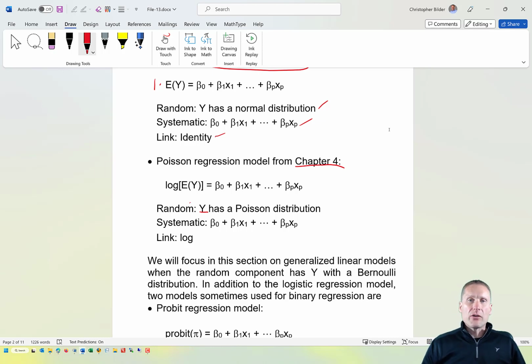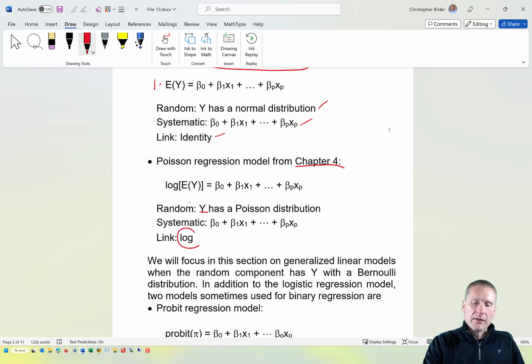When we were dealing with a binomial distribution, we were dealing with counts too. But in that particular case, our counts were the number of successes out of a particular number of trials, so there was a maximum possible value for y. Instead, with a Poisson situation, you don't necessarily have a maximum possible value for y. You're not observing successes out of a particular number of trials. You're just observing the count of something. More on that in chapter 4.